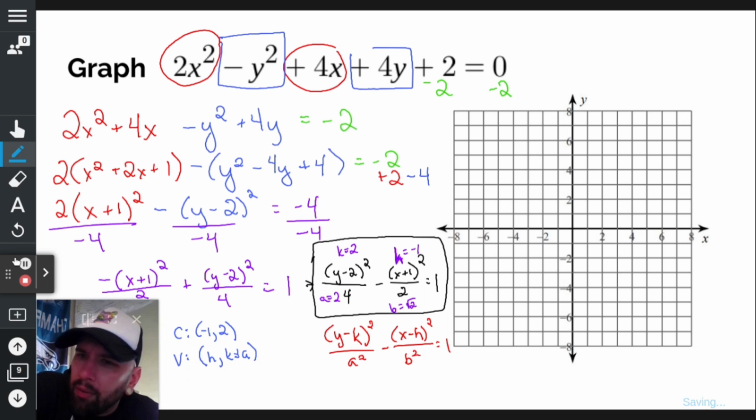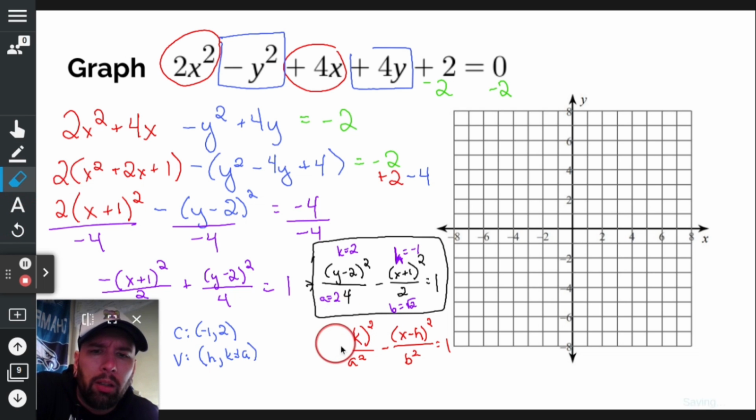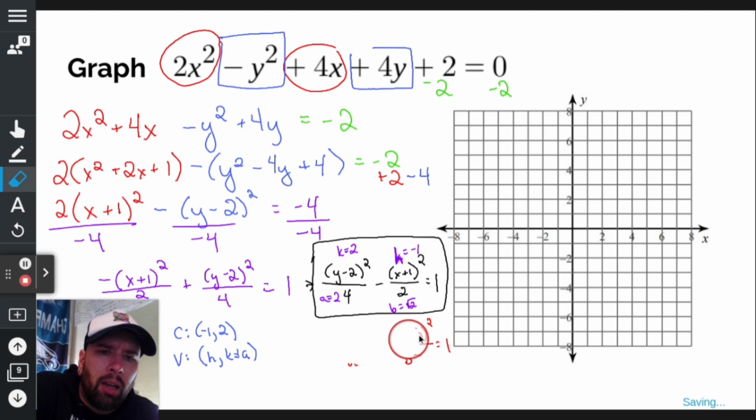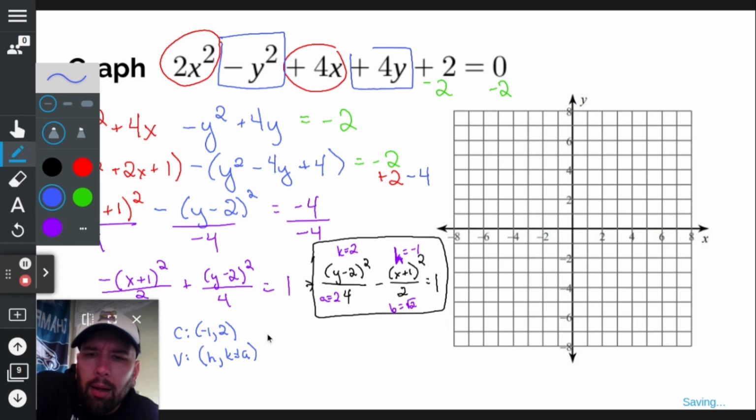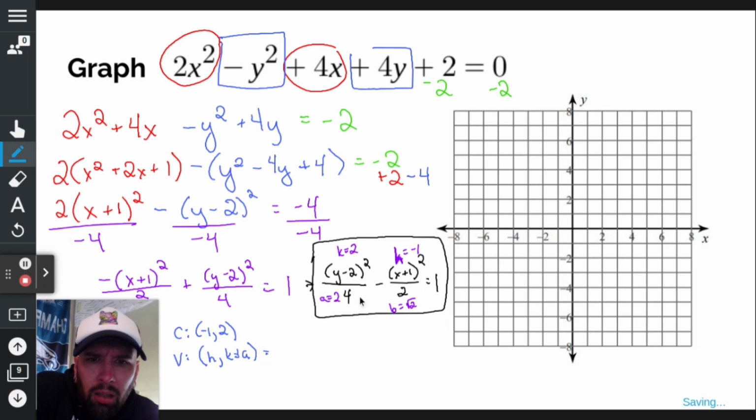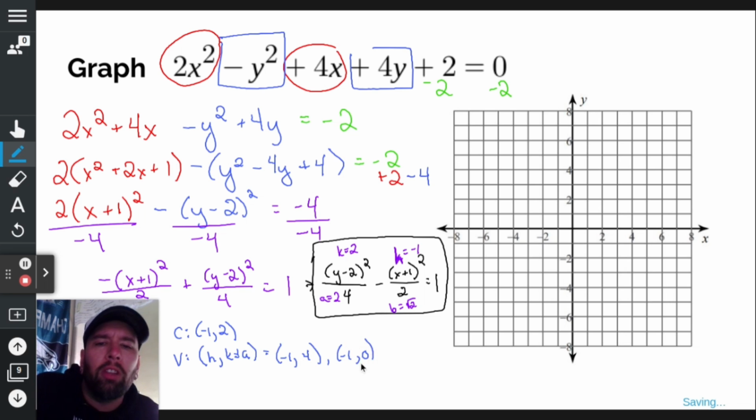Now that I have everything labeled out, maybe I can erase this because I really need the space. So h is negative 1. K plus a is 2 plus 2, so 4. And the other one will be negative 1, k minus a, which is 2 minus 2, which is 0.